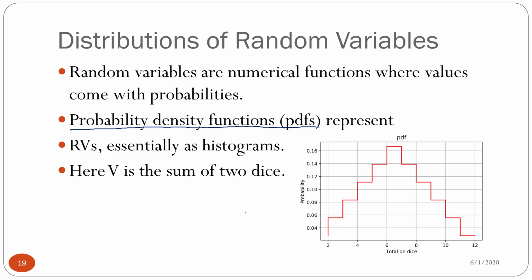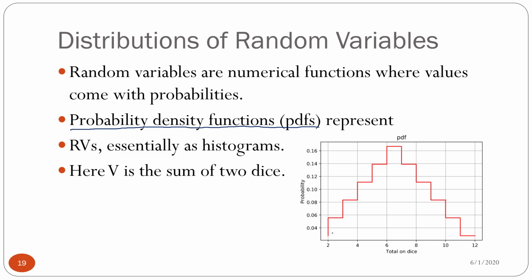This is based on our same example where we have two dice, one red, the other blue. We are rolling those two together and adding the numbers that show up on the top, and finding out the probability. And we have the notion of the random variable V, which has been defined. V is equal to the sum of the numbers that show up.